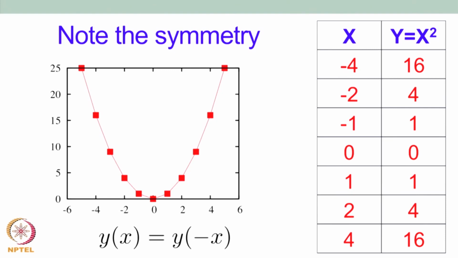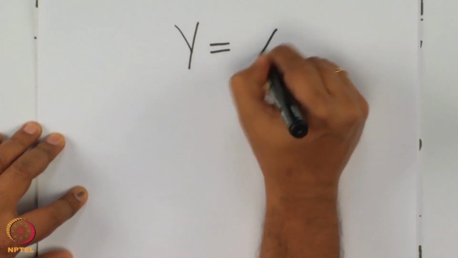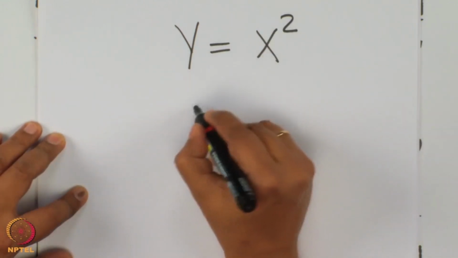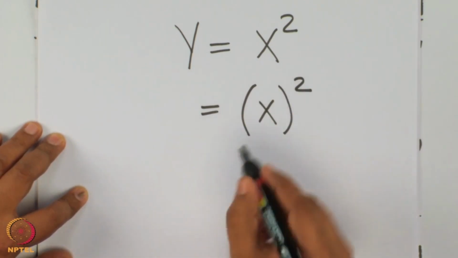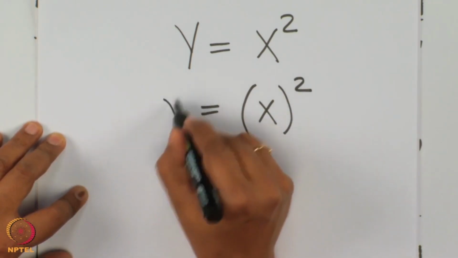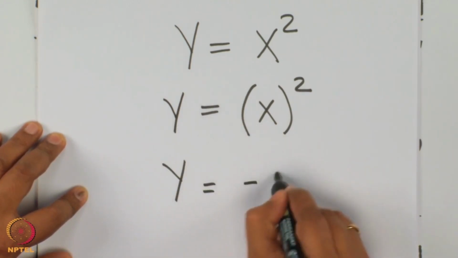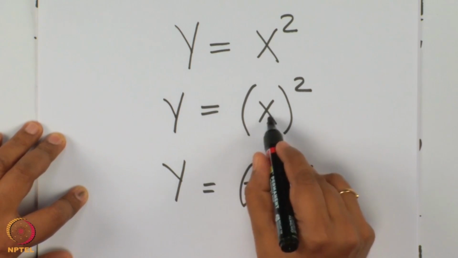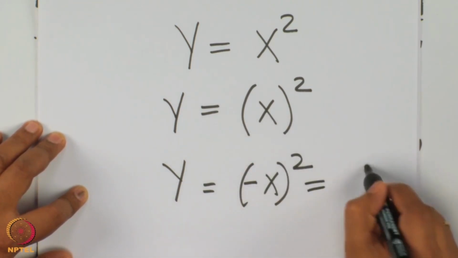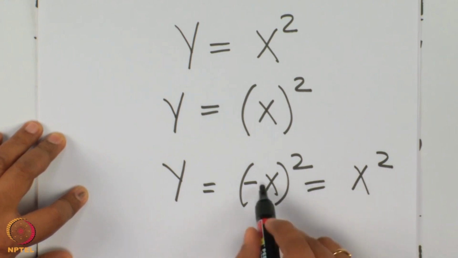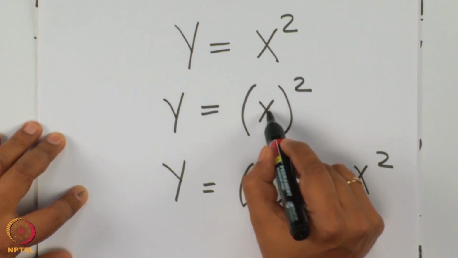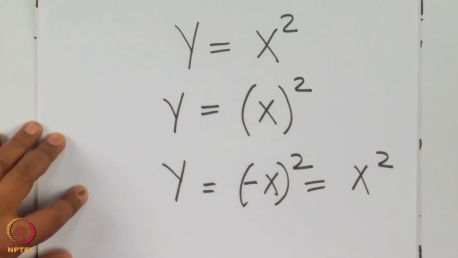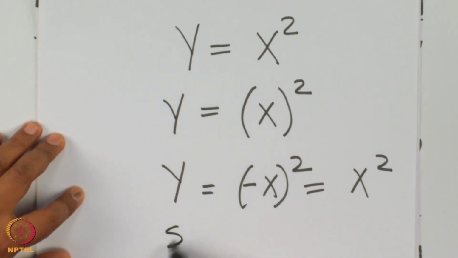I want you to understand this symmetry a little bit carefully, because very often, with y is equal to x square, whatever the x value you put, we are finding the square of it. Now if instead of x we put minus x, we will also get x square. So minus x square is also x square. The point here is that whether you put x or minus x, the y value is exactly the same.